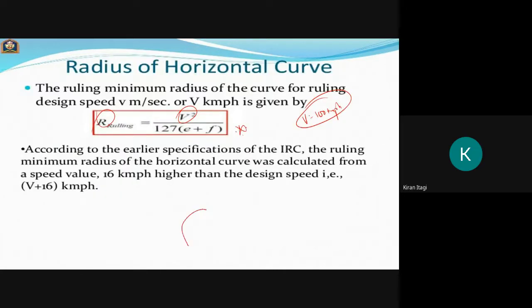Just now I said that if there is a road like this, and I don't have a minimum radius of curvature for a curve, then I have to reduce the speed of the vehicle. So from here only we decide this.